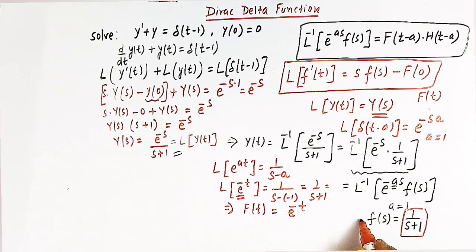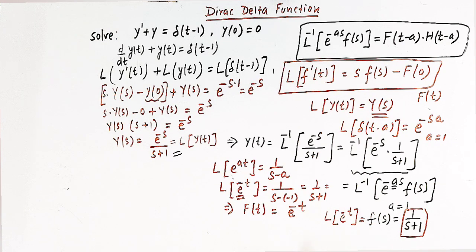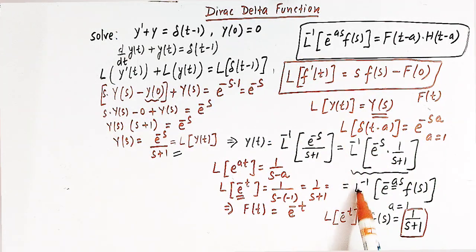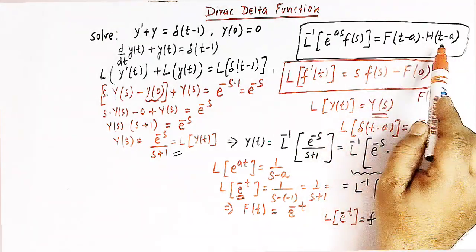Now f of s can be written as L of f of t, and f of t is e raised to minus t. So the inverse Laplace transform of e raised to minus as f of s is equal to the product of these two functions.